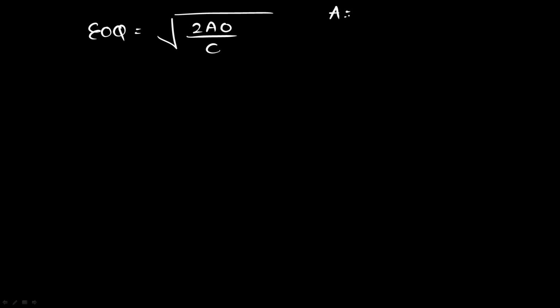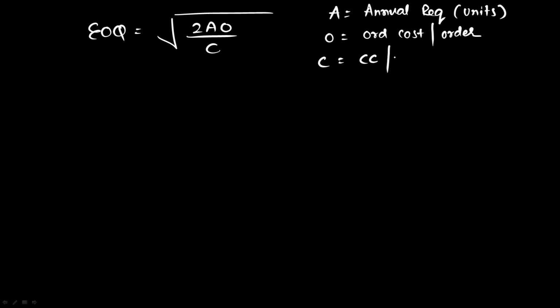What is A? Let me also write this down. It is annual requirement, in rupees or in units. If kgs are given, my answer will also be in kgs and A should also be taken in kgs. O is ordering cost per order. C is carrying cost per unit per annum.